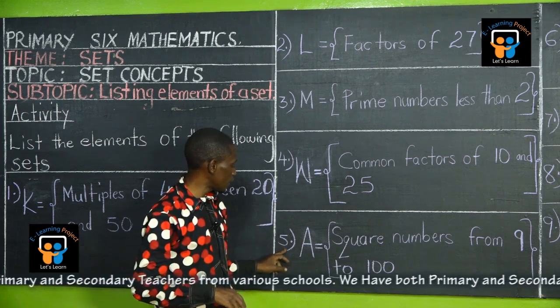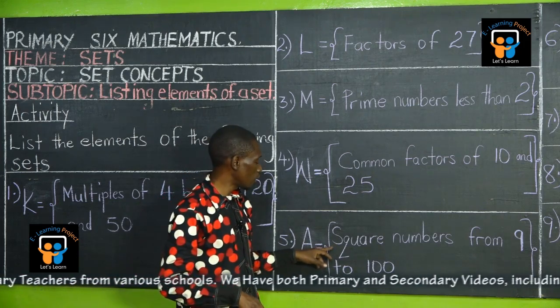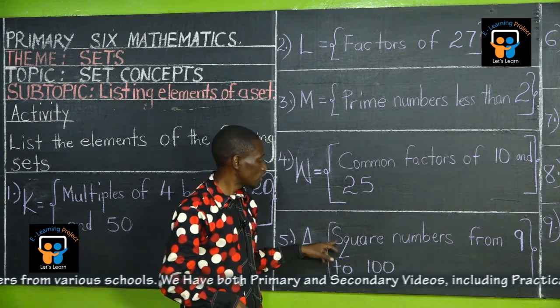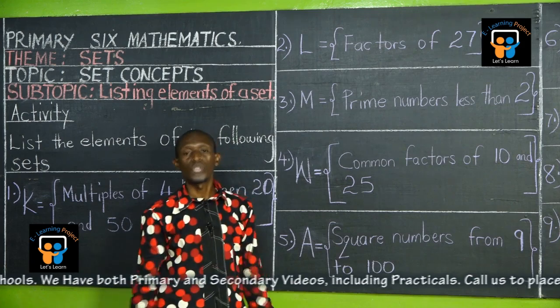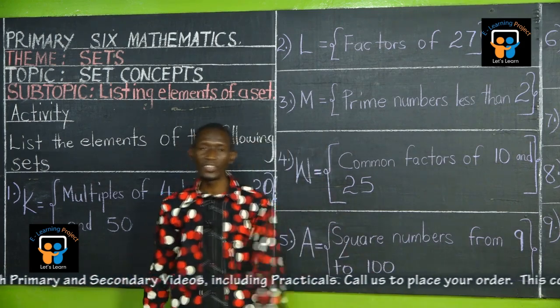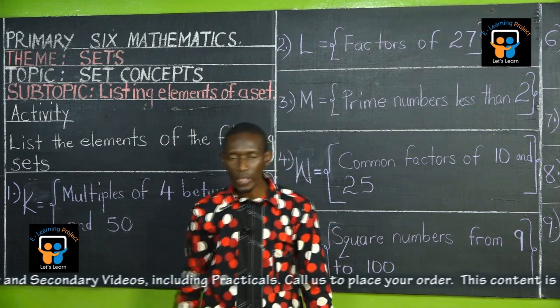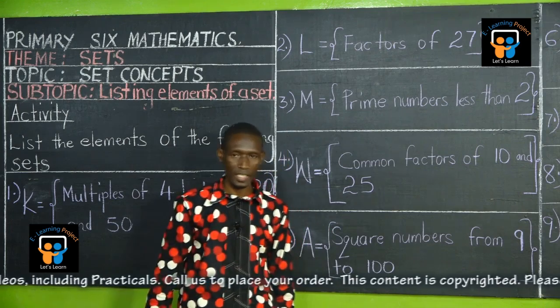You come to number 5. Set A equals square numbers from, not between, from 9 to 100. Square numbers from 9 up to 100.